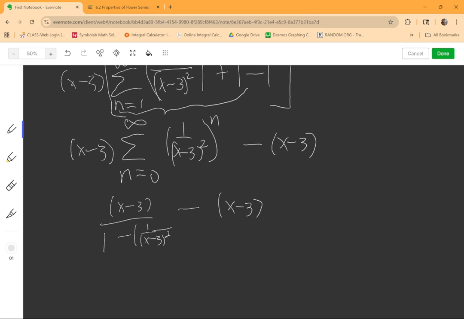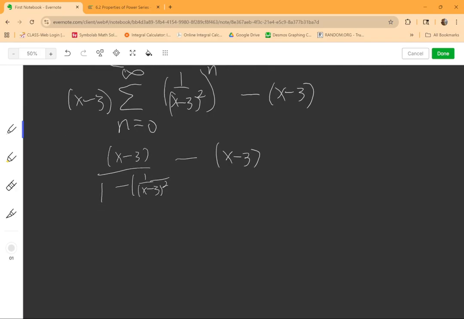Okay, let me simplify this further. I'm going to get rid of the complex fraction here. So this becomes x minus 3 squared, or actually cubed, over x minus 3 squared minus 1. All right, so here I just got rid of the complex fraction by multiplying by the quantity x minus 3 squared.